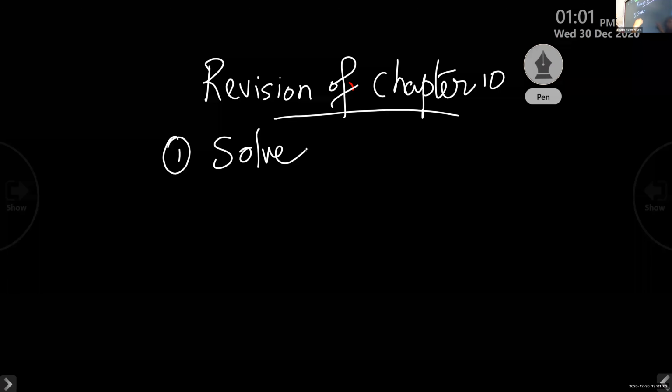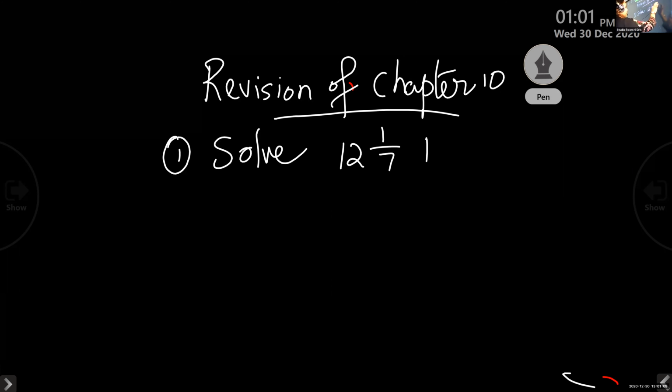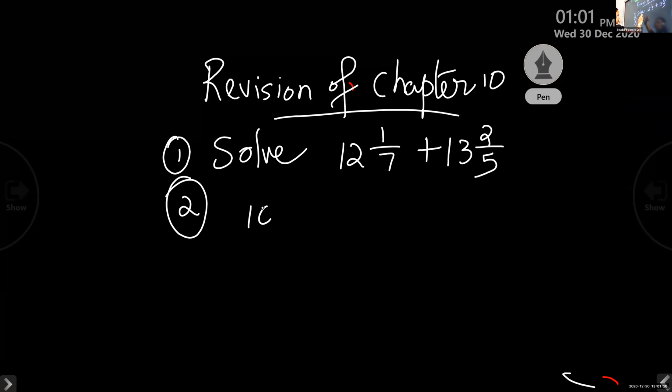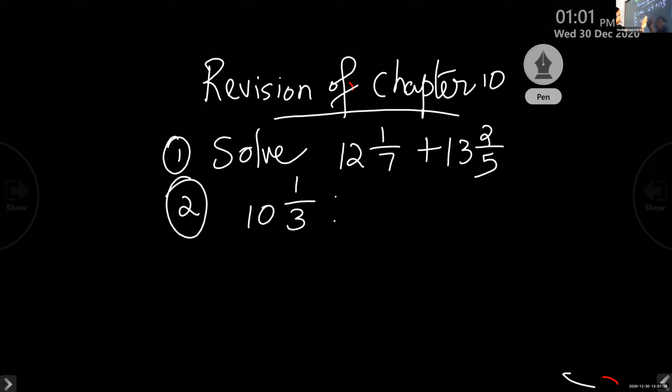So what we have to do, 12 and 1 by 7 plus 13 and 2 by 5. Number 2, solve 10 and 1 by 3 plus 12 and 2 by 3.